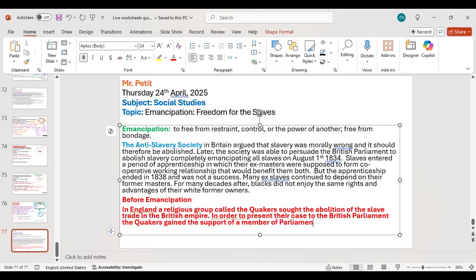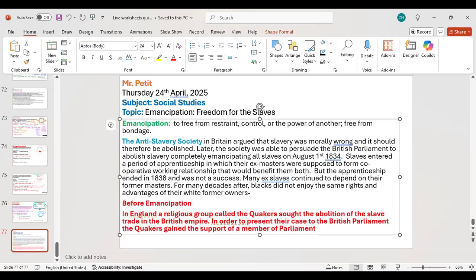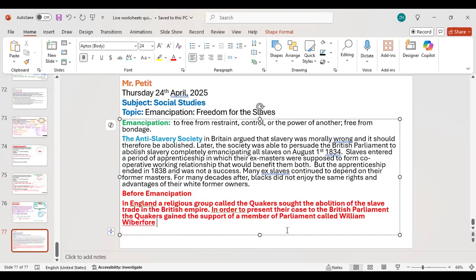Called William Wilberforce. Why do you think they had to go to parliament for this? Why was it necessary for them to go to parliament?